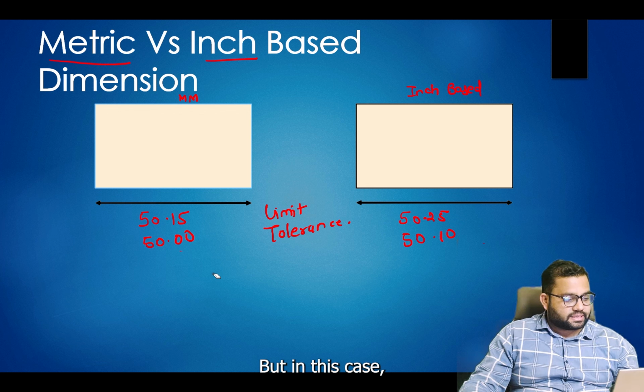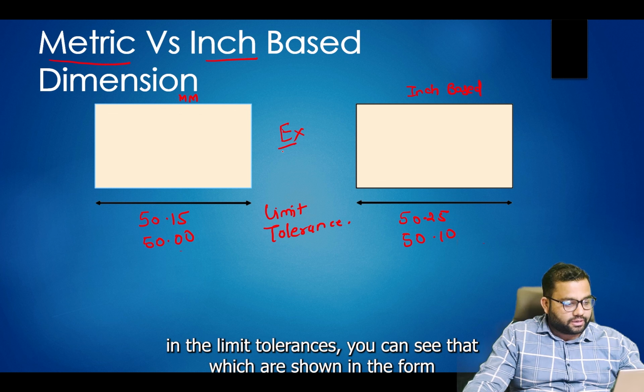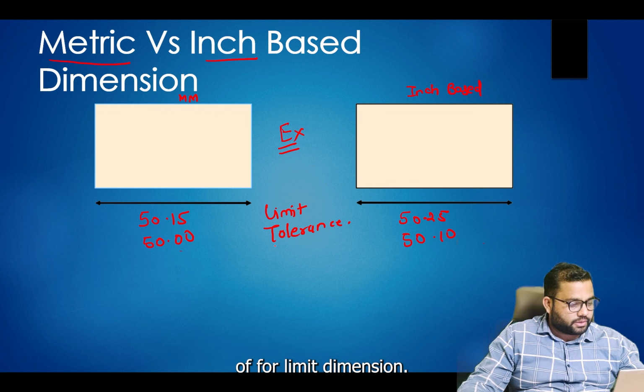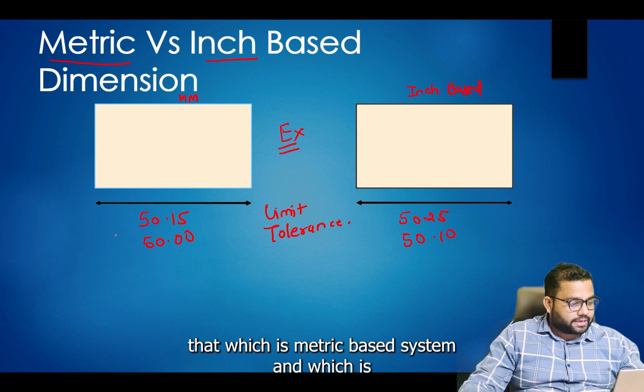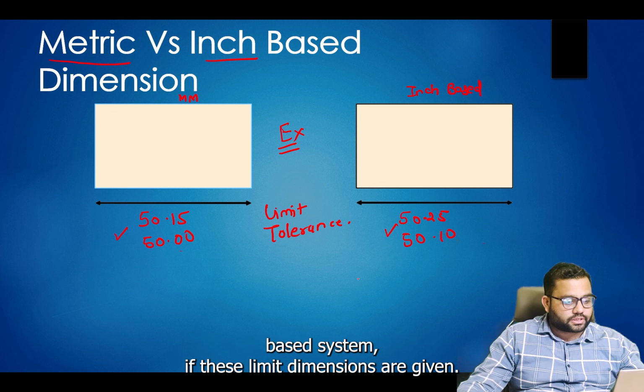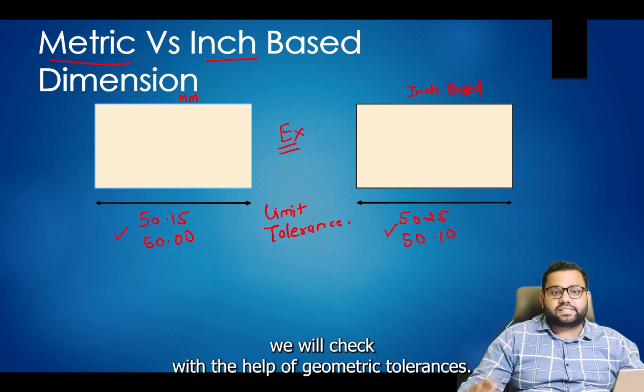But if you take this particular example in the limit tolerances, which are shown in the form of limit dimension, then it will become very, very difficult for us to find out which is metric based system and which is inch based system if these limit dimensions are given. So in this particular case, we will check with the help of geometric tolerances.